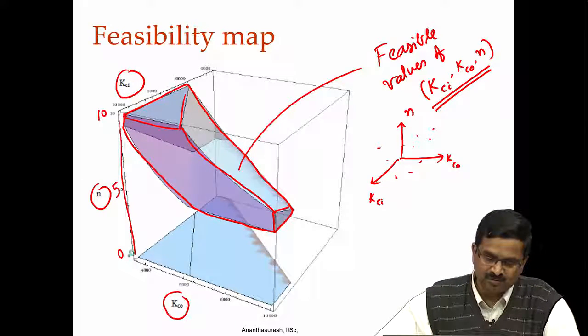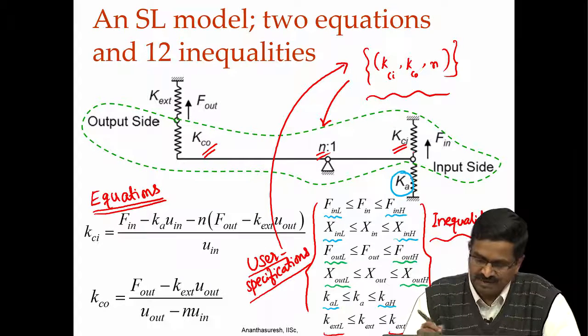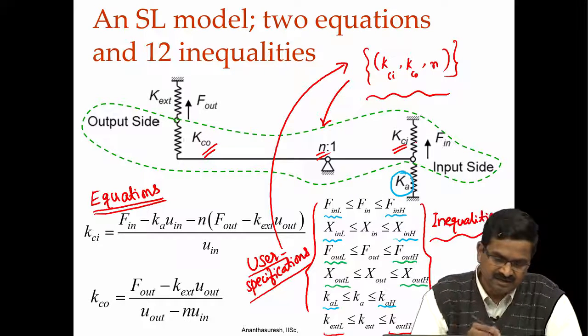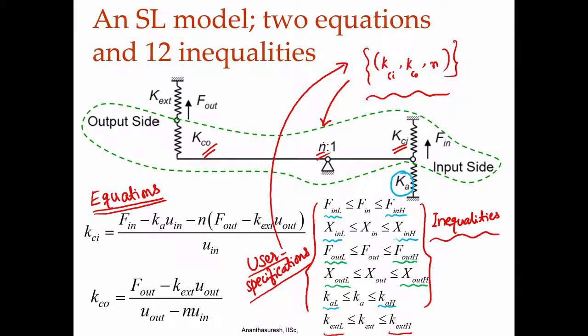What does that negative positive mean? It is actually shown here, right. If N is shown in this manner, if I apply the force there, because it is a lever, it will come down, N will be negative in this particular way. But if you want it to be positive, meaning that input displacement and output displacement are in the same direction, it can be positive also.